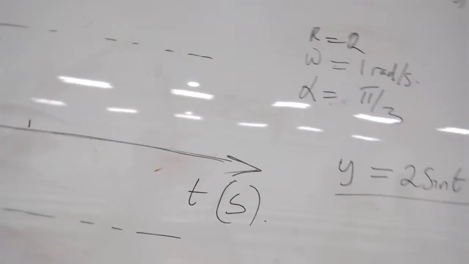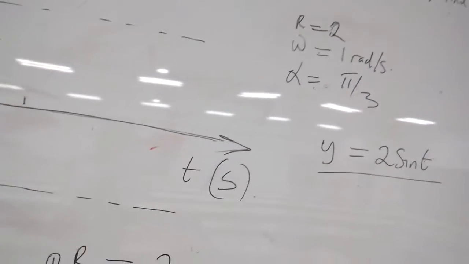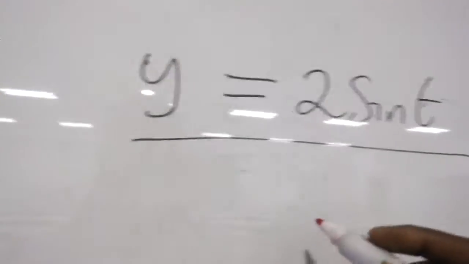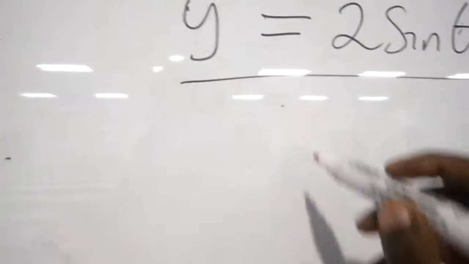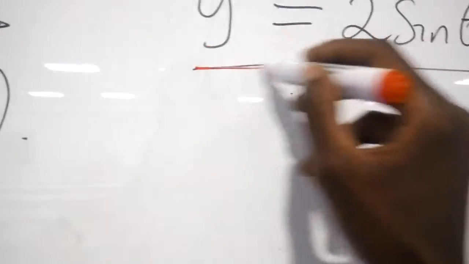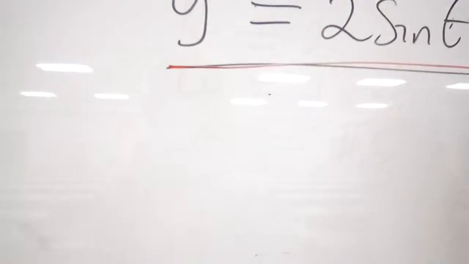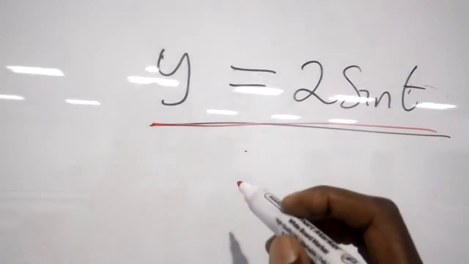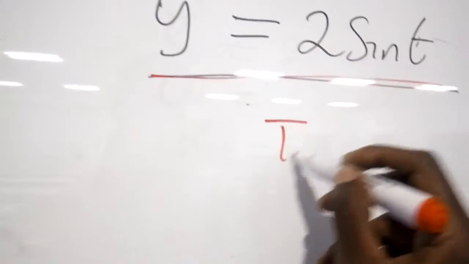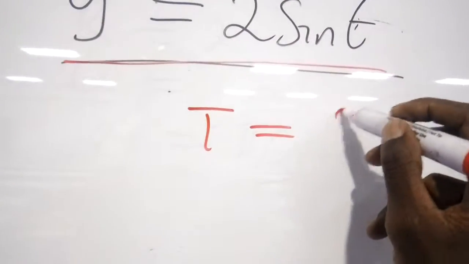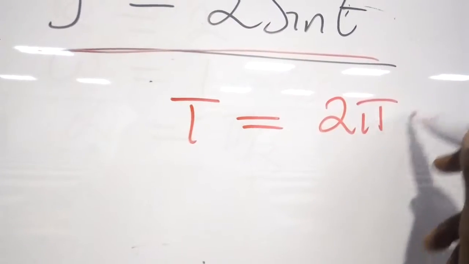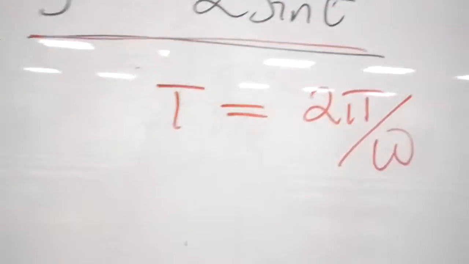I'm going to use a red pen to draw this. Remember from our properties, what is the period for this? We need to find the period, the time taken to complete one cycle. So the period is given as T equals 2 pi over omega, right?